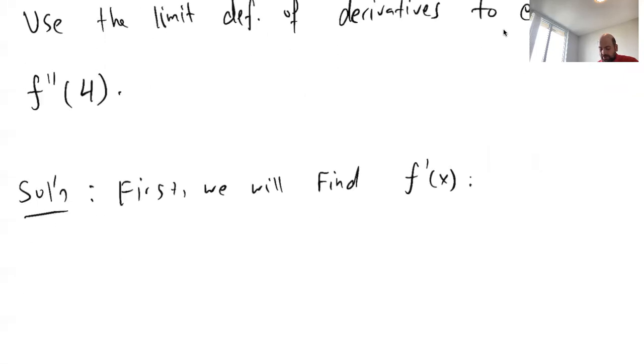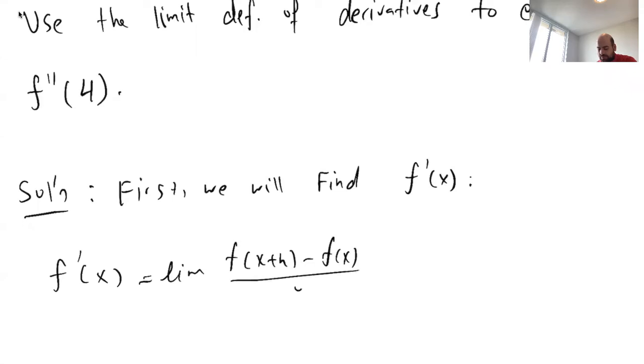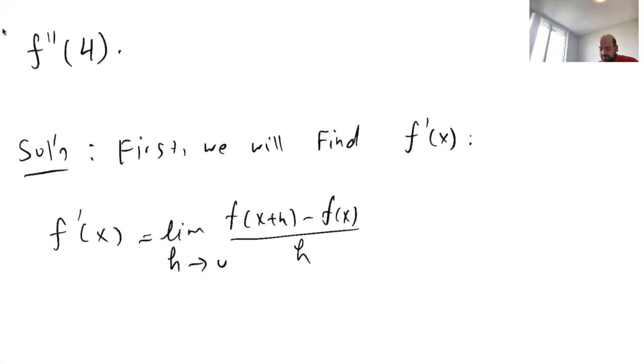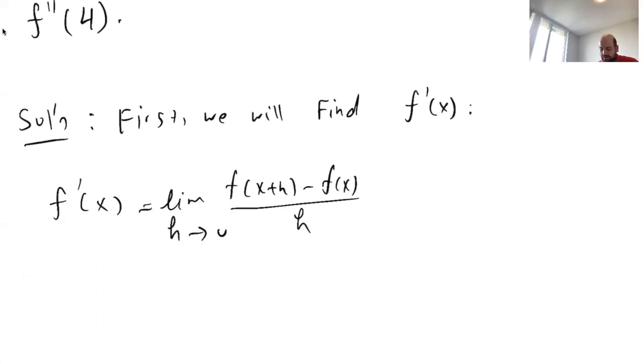We know that f prime of x is equal to the limit, remember the limit definition of f prime, of f of x plus h minus f of x over h as h approaches 0. And then we have the formula for f of x. For f of x plus h, we have to replace x by x plus h.